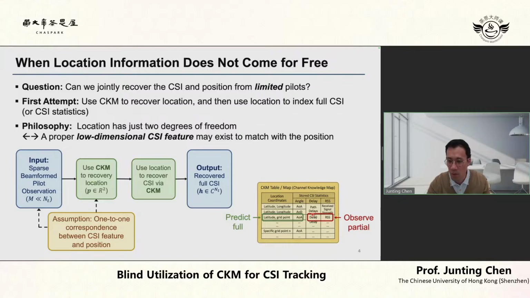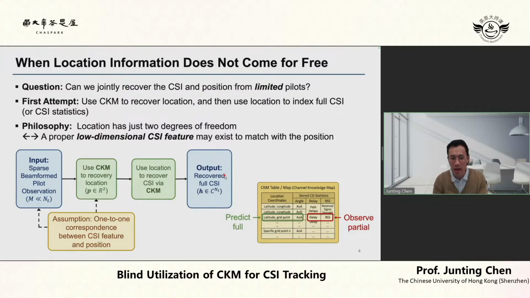So when we have a sufficient observation, although it is only partial, we can pinpoint where the user location is, and then based on the user location, we can check this CKM table to acquire the full information of the channel, including the AOA, AOD signature, and then based on this information, we can recover the full CSI.